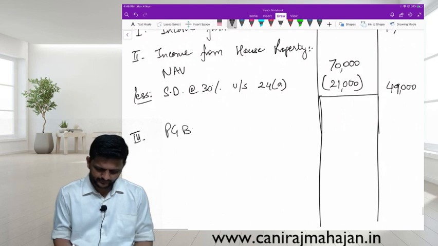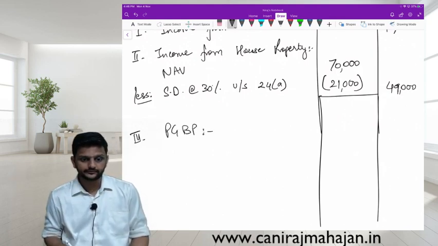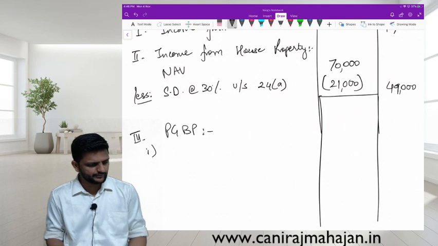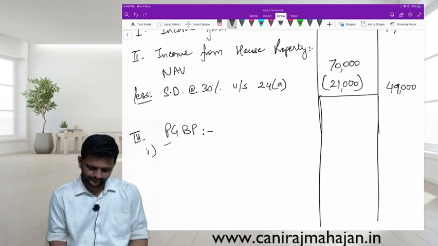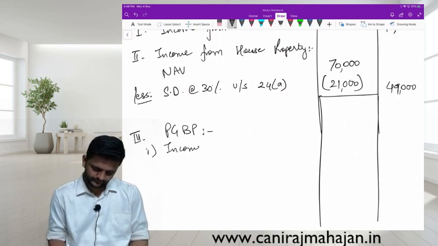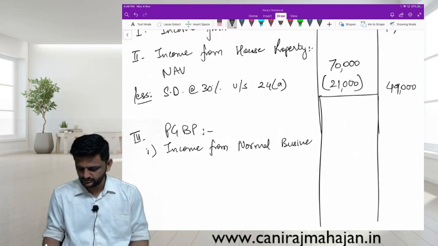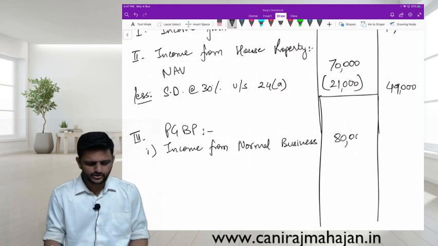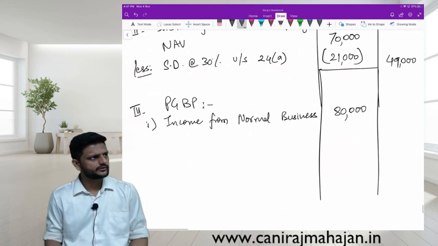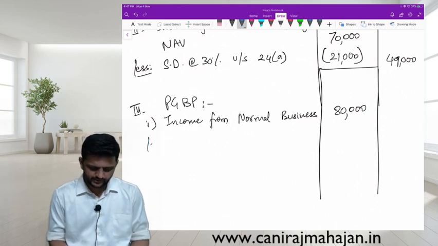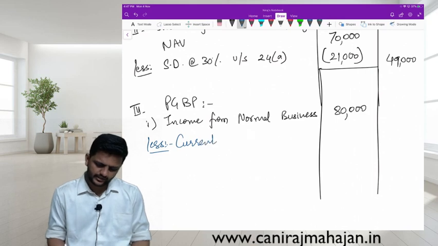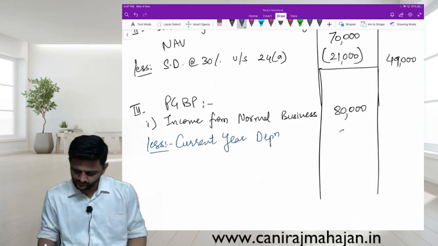Third one, PGBP. Under that, income from business. Normal business is how much? 80,000. First, what will you reduce? Current year depreciation, 8,000.